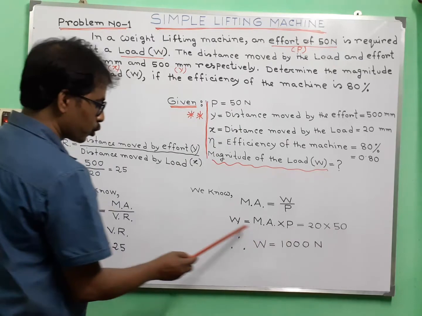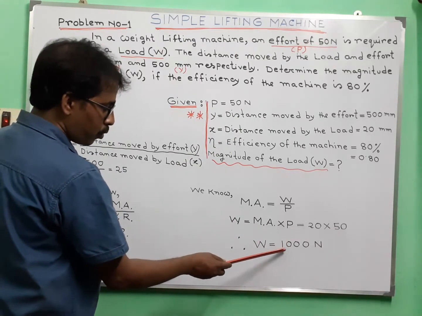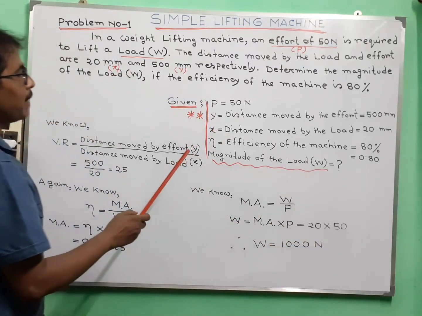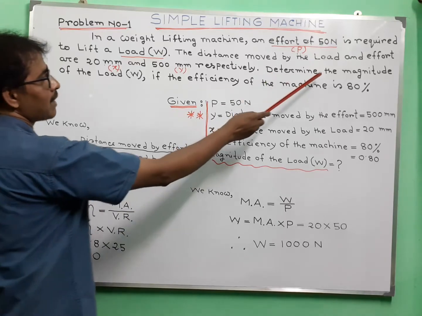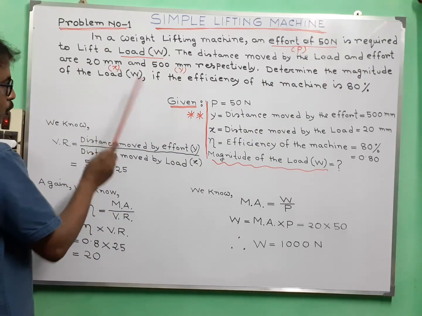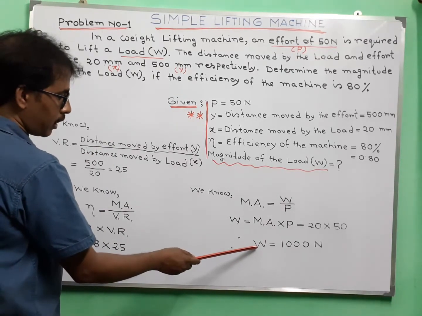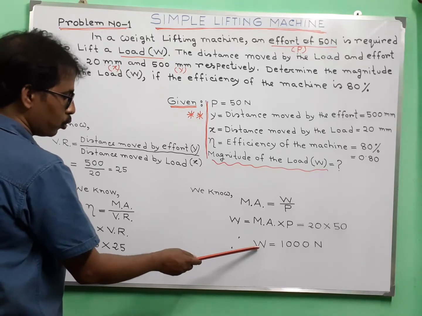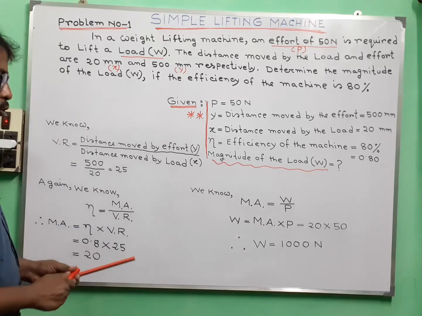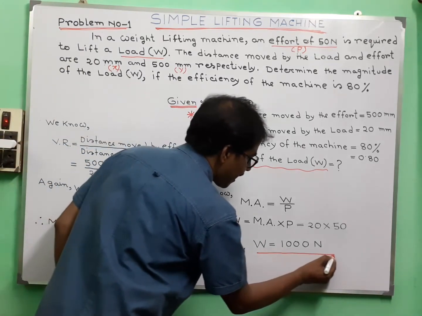So W equal to 1000 Newton. Our problem is to determine the magnitude of the load W. So we find load W equal to 1000 Newton. This is the answer.